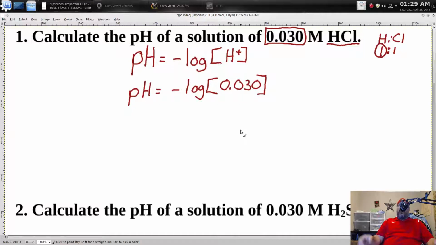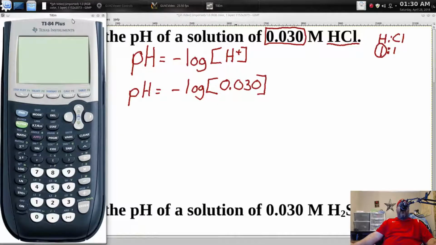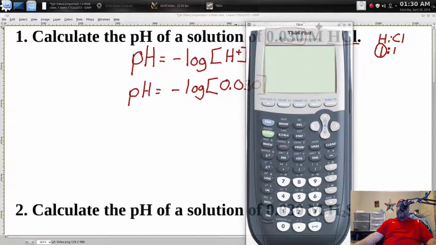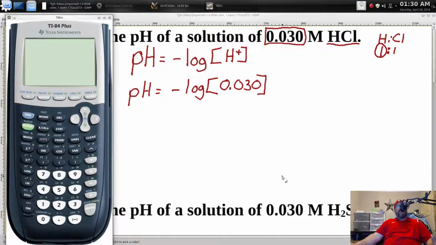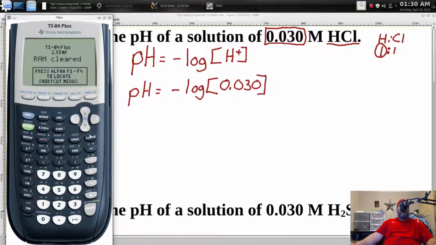Now you'll definitely need a calculator to finish this problem out, so make sure you have your calculator handy. Here's mine. I'm just going to leave it over here so it doesn't cover me up. We'll turn the calculator on, and if you're not used to this, I'll show you. The negative sign is down here, so you'll press negative.